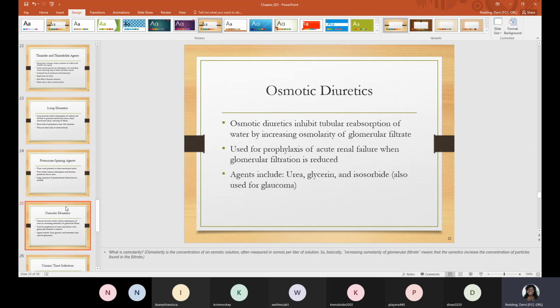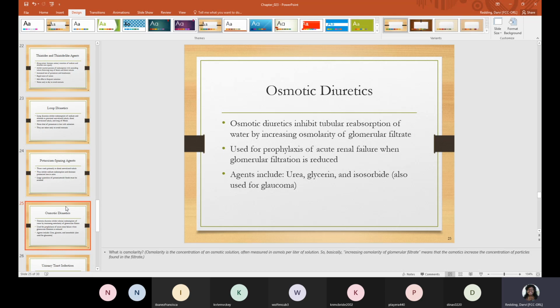Learning more about other diuretic classes, you have the osmotic diuretics. And with the osmotic diuretics, they work by inhibiting the tubular reabsorption of water by increasing the osmolarity of the glomerular filtrate. Osmotic diuretics are also used for prophylaxis of acute renal failure when the glomerular filtration is reduced. Now, some of the agents include urea, glycerin, and isosorbide, which could also be used for glaucoma.